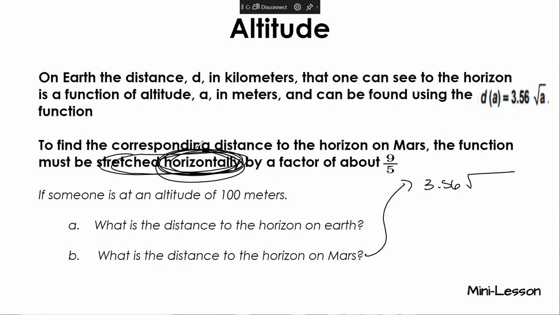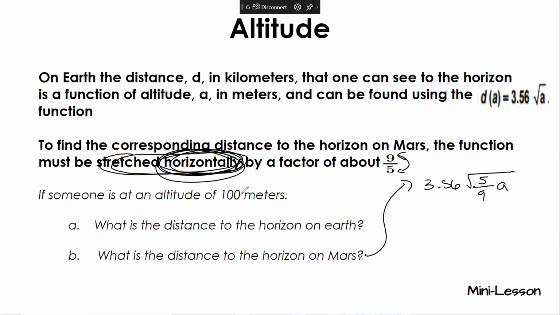And when we're stretching horizontally, which vertically is going to be very different, but if we stretch horizontally, we're going to flip this fraction and put it inside. So if it's horizontal, then you're going to flip the fraction. If it was vertical, then you're going to leave it outside and leave it however it's written already.